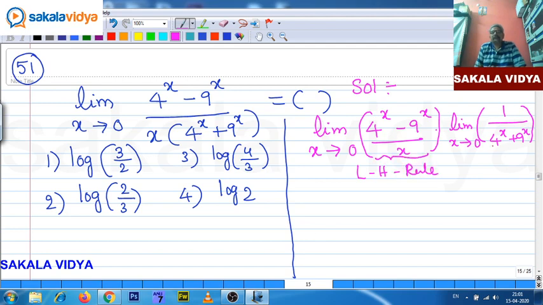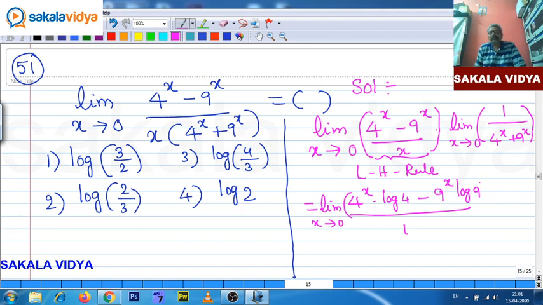Here just substitution. L'Hospital's rule means the derivative of 4^x is 4^x into log 4, minus the derivative of 9^x, which is 9^x log 9, upon 1, as x approaches 0. Here it is very important, 4^0 is 1, 9^0 is 1. So now let us apply the limit.